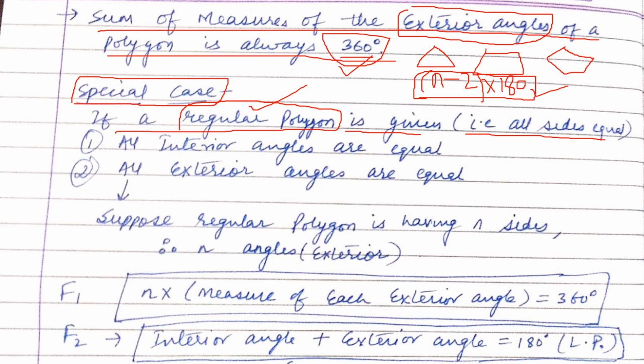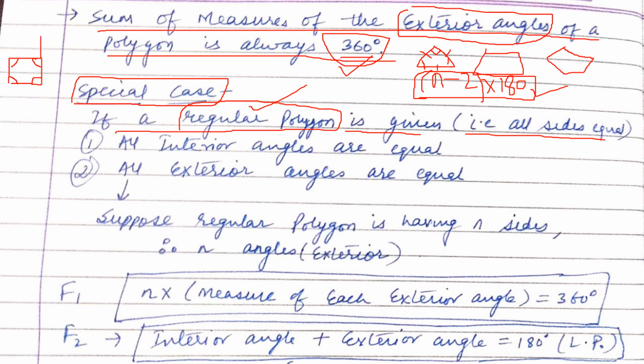If you take a triangle, if it is regular, that means it is an equilateral triangle, and we know all angles will be how much? 60, 60 and 60. Similarly, if you take a regular quadrilateral, that is a square like this, here also all angles are equal inside as well as outside.